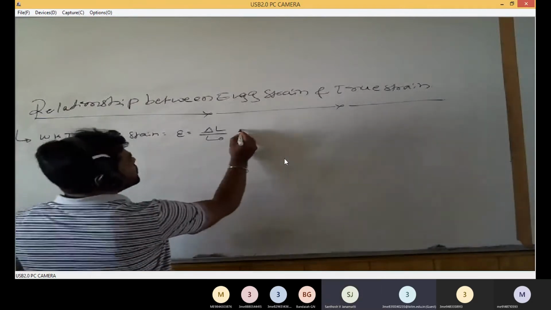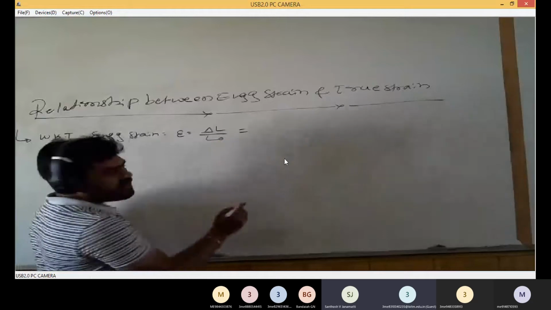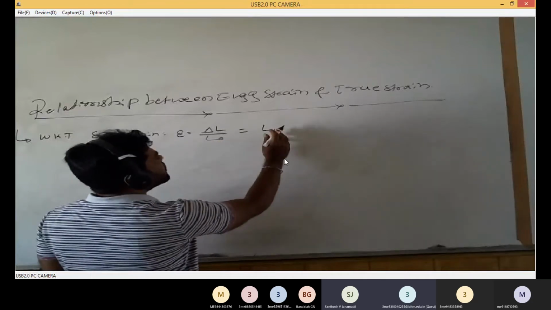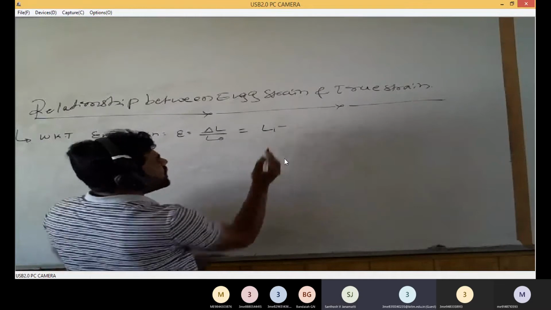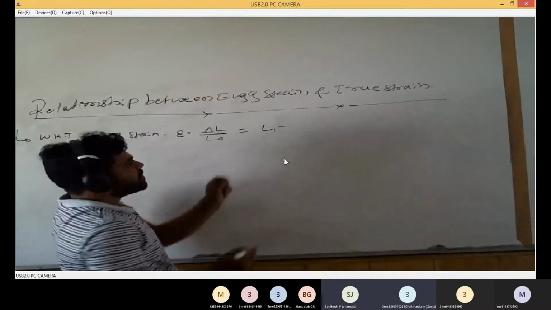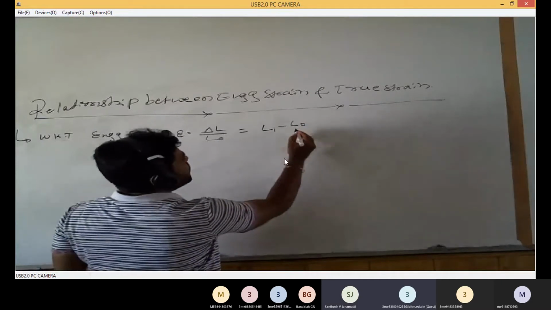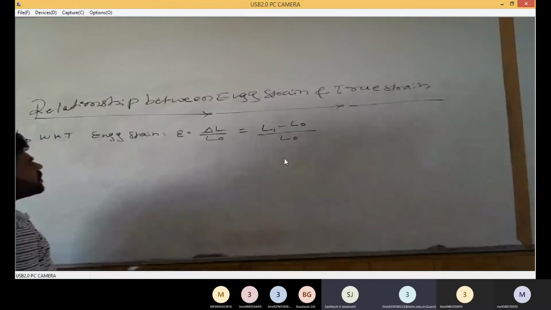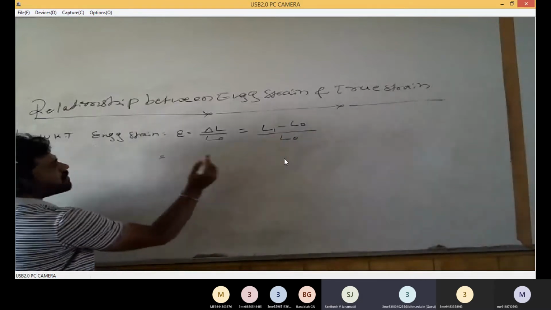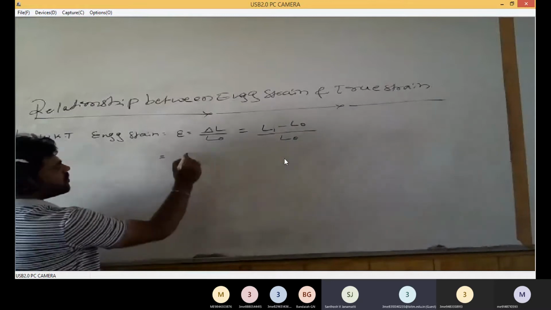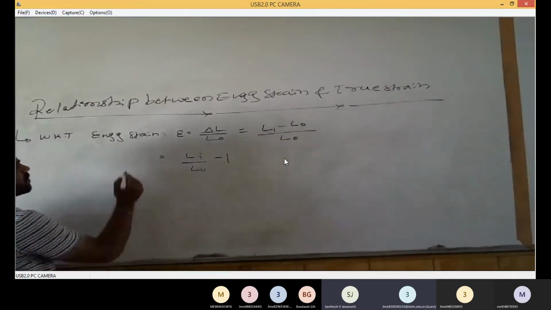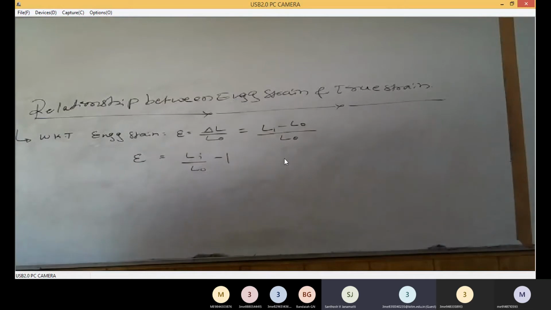So how can I write this? Delta L means change in length. Li means instantaneous length, minus L original, divided by L original. Now just simplify. You can take L naught common. What will we get? Li by L naught minus 1.